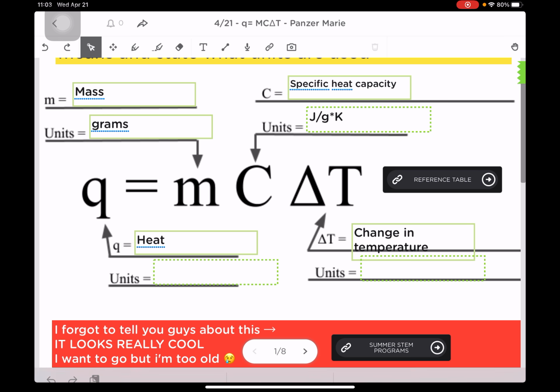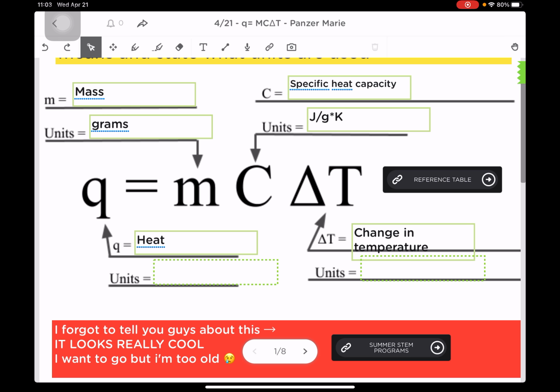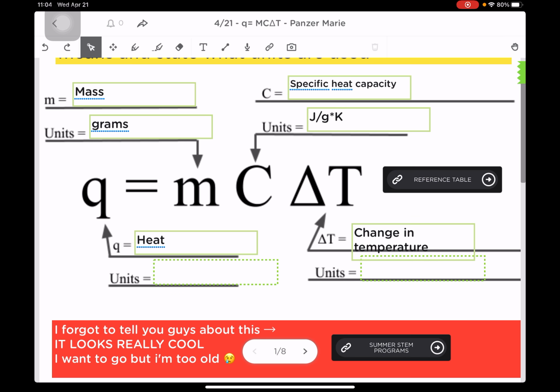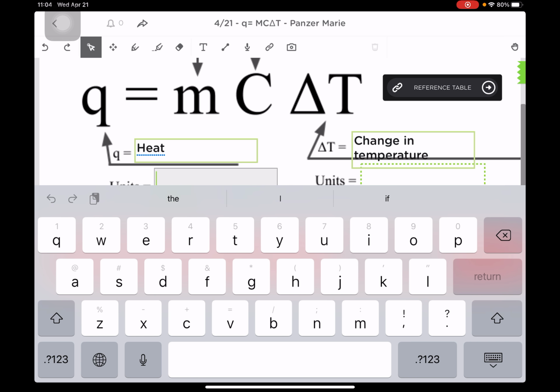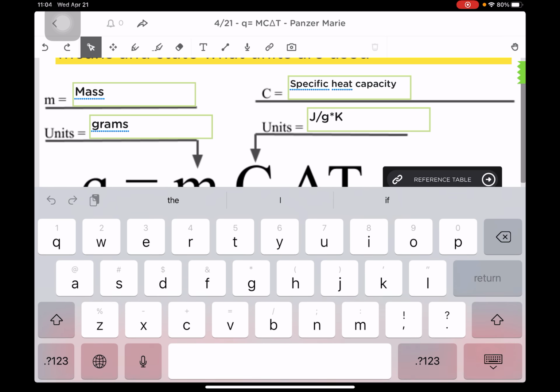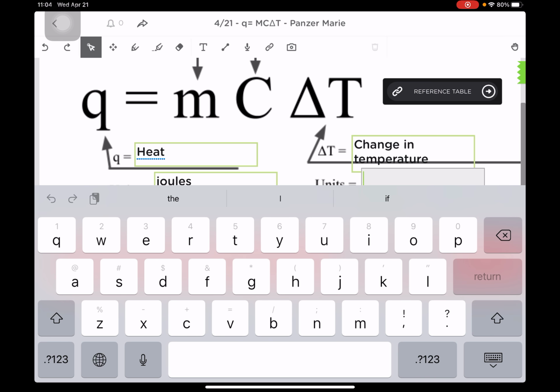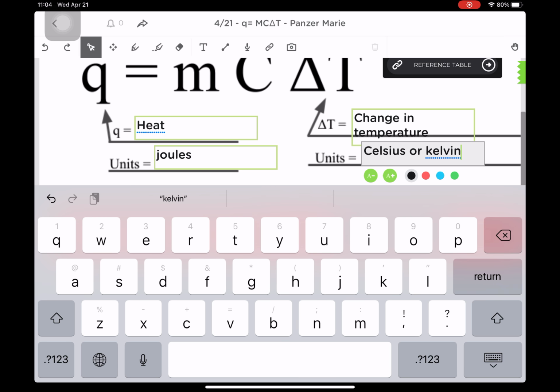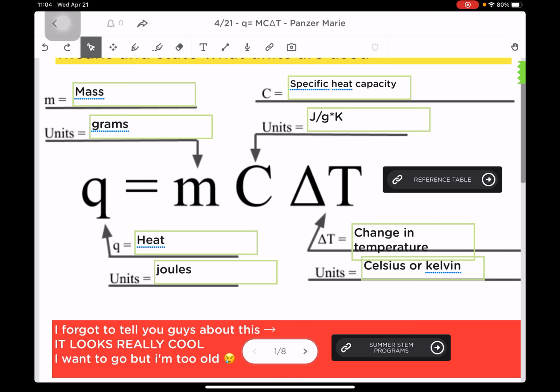Units for heat are joules. And units for temperature are Celsius or Kelvin.